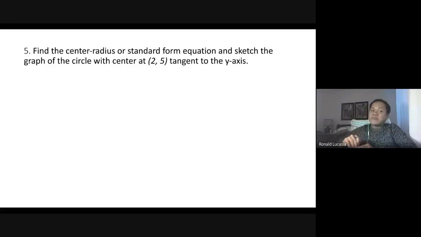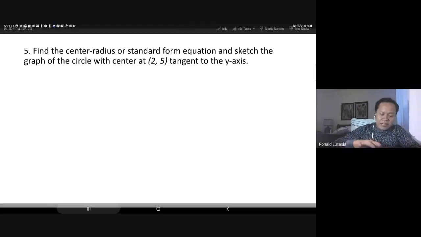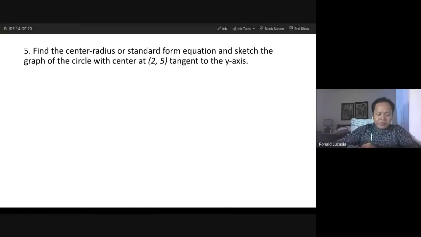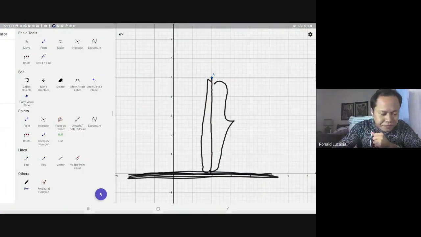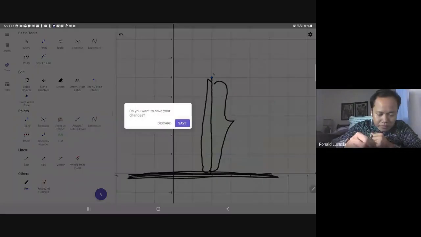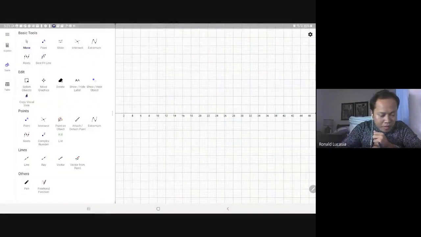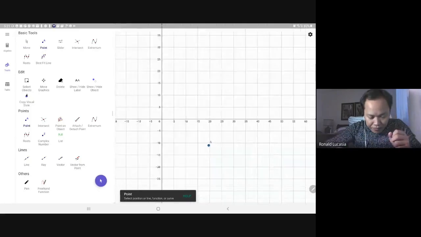Previous example, the same problem, but this time it's tangent to the y-axis. So when that is tangent to the y-axis, meaning to say, when we have here, what's the point?